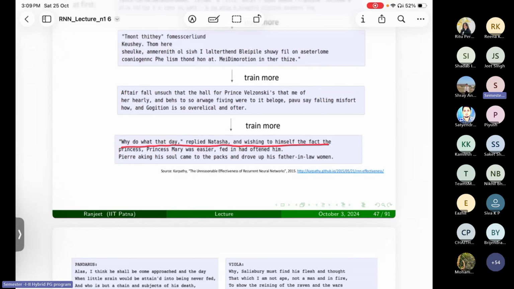Why do what that day, replied Natasha, and wishing to himself the fact that a princess. So all these things are being generated by your RNN, and it looks like it is coming from the sonnet books. It's generating similar types of sentences to what we have in that book.